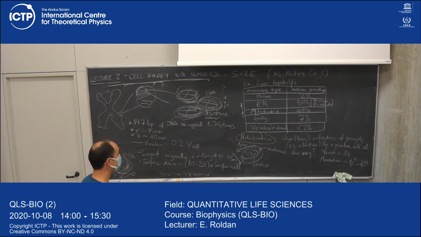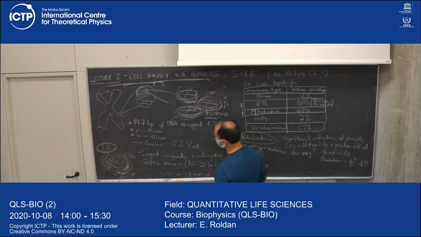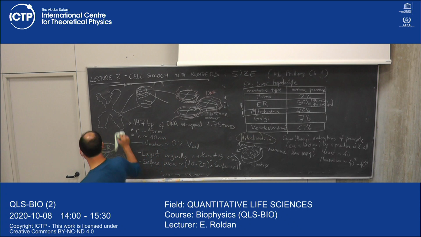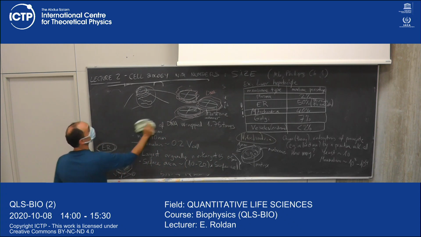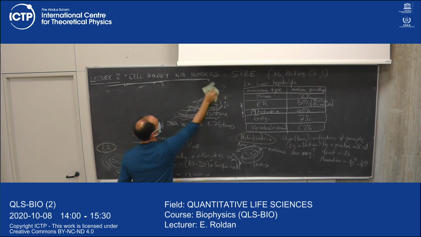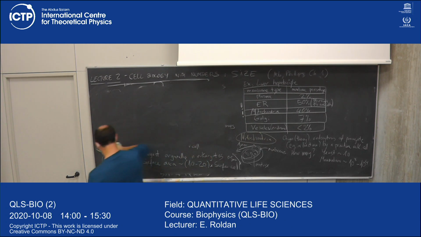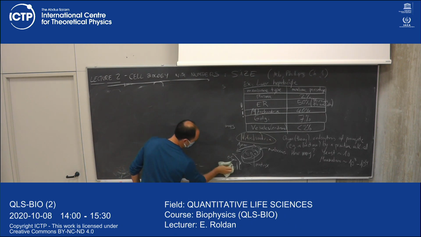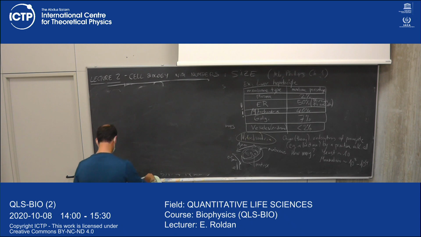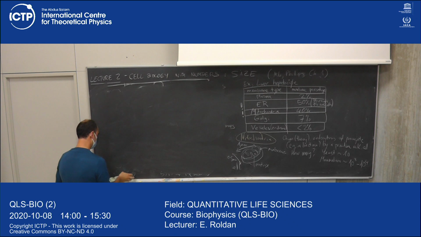Then there is a related organelle that is only present in plants, which is called the chloroplast. I'll give you a little bit of numbers about the chloroplast. It's only present in plant cells. This is what you should remember about it. The main characteristic is the color, green.